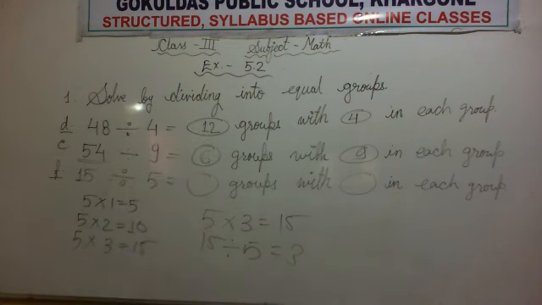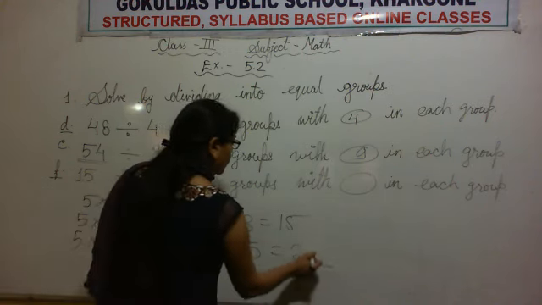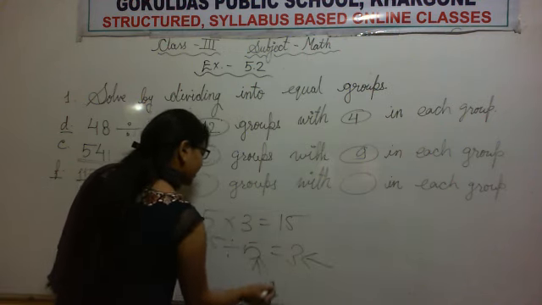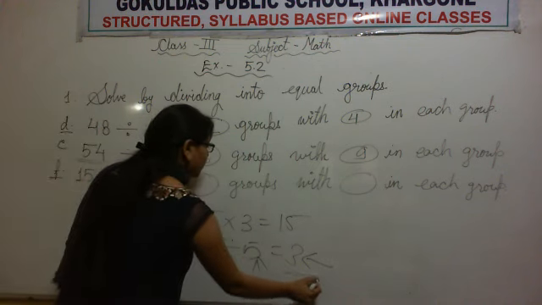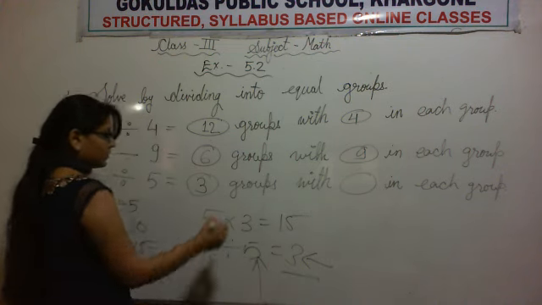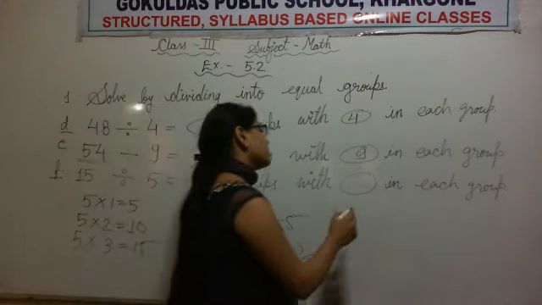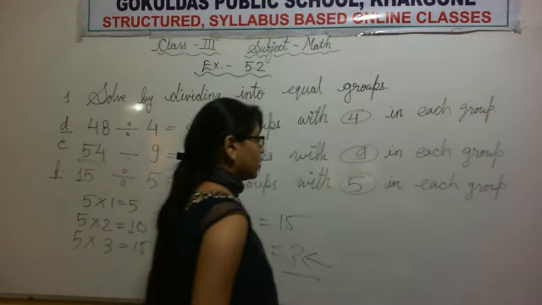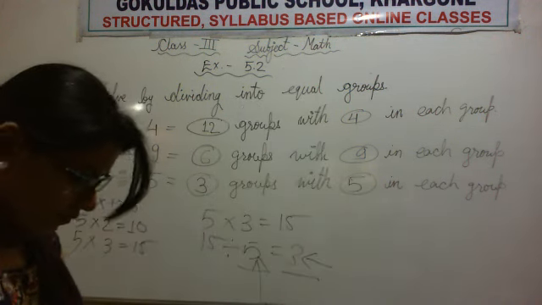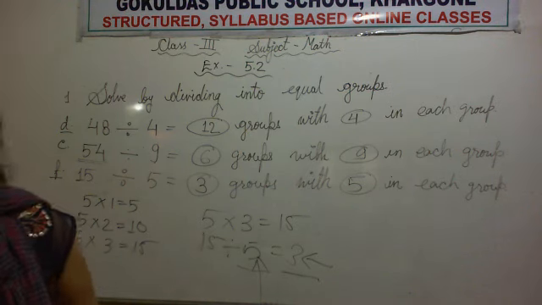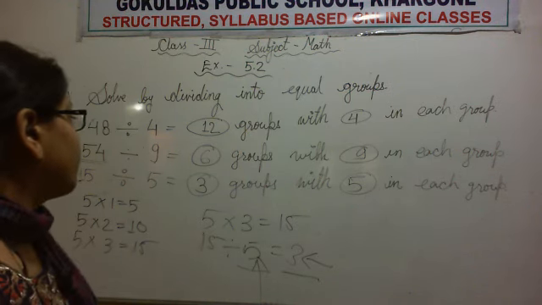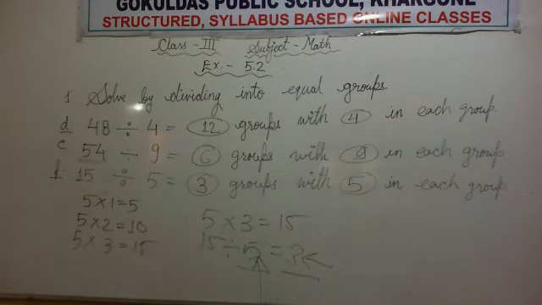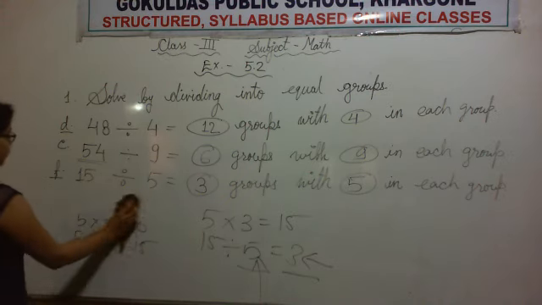We know this is the number of groups made and this is the number in each group. So 3 groups and 5 in each group. So 15 divided by 5 is equals to 3 groups with 5 in each group.